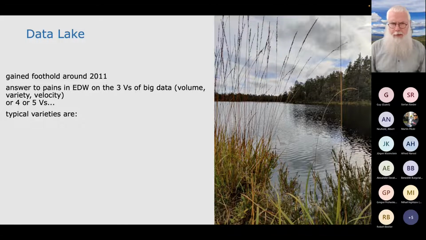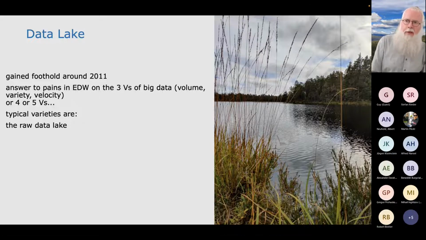And the data lake itself has 2 typical variants. I mean, in data warehousing, you might remember that we have 3 typical variants. We have Kimball, Inmon, and Data Vault. In the data lake, you could see it as 2 versions. One was the raw data lake, which is just dump everything in, and users dig into that and find data and create reports on top of it.